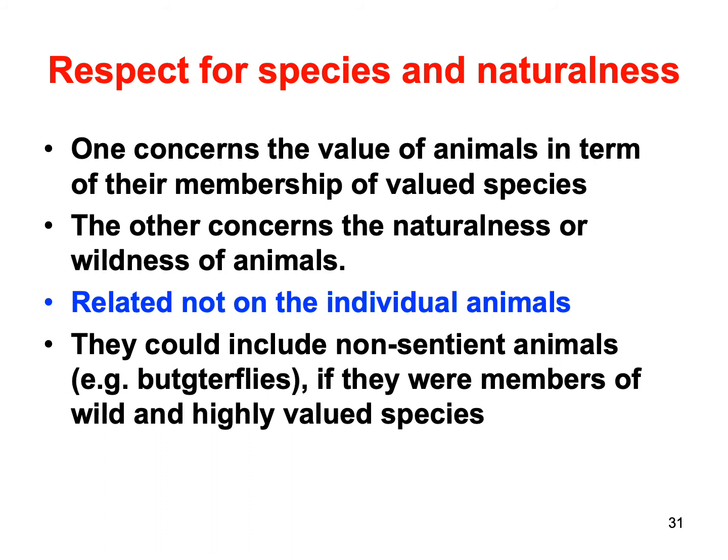The other concerns the naturalness or wildness of animals and biodiversity, not related to individual animals. They could include non-sentient animals, for example, butterflies. Here you have a typing error: butterfly or earthworm, if they were members of wild and highly valuable species.